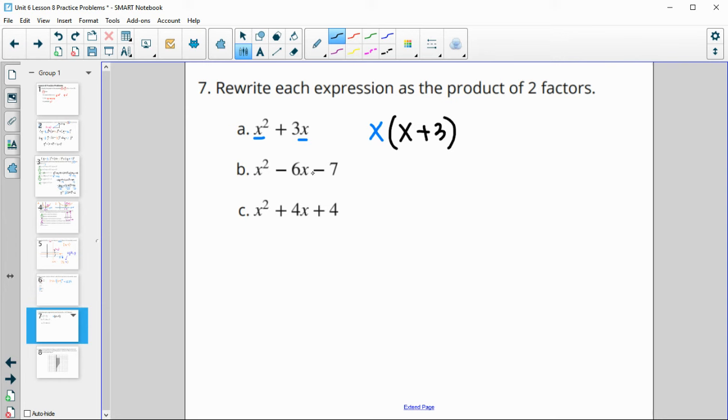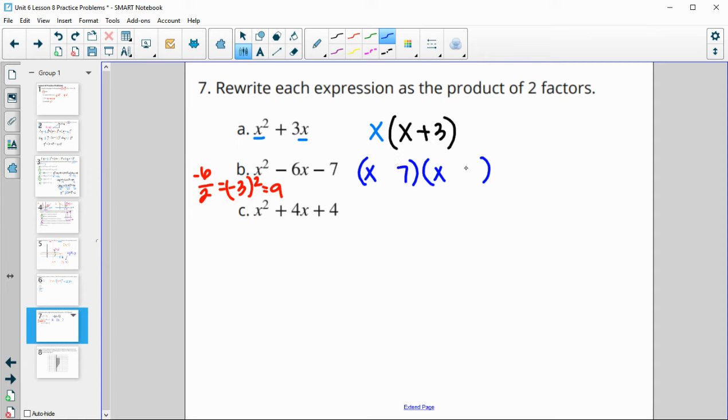Factoring a trinomial. Now, this is not a binomial squared. We can tell because -6 divided by 2 is -3, and -3 squared is 9. So this is not like one of the patterns that we've been using. So we want to look for the numbers that will multiply to -7. Those will go in here, and they have to add to -6.